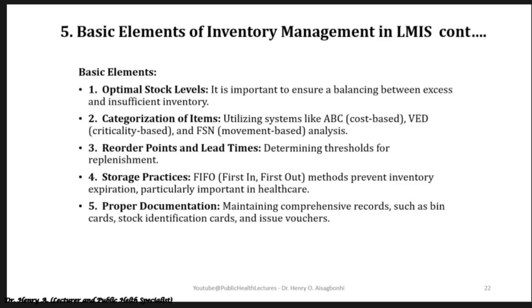And the third categorization is FSN. That is another way of categorizing items. This is movement based, and we call it fast, slow, non-moving. Fast moving items, slow moving items, non-moving items. Based on how fast items are used or issued, these items are categorized. So those that are quickly used, fast moving, are categorized in one section.